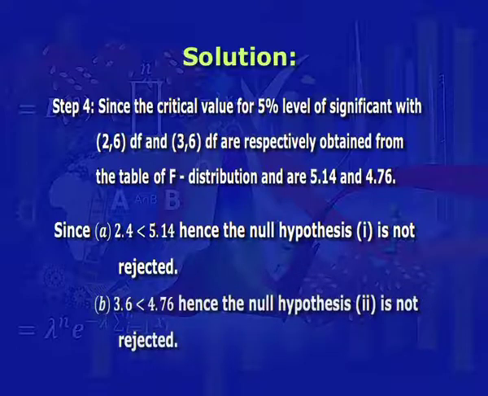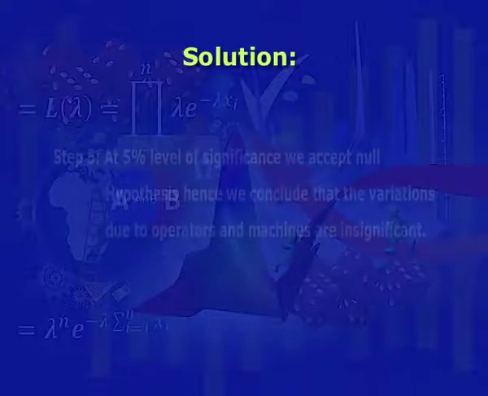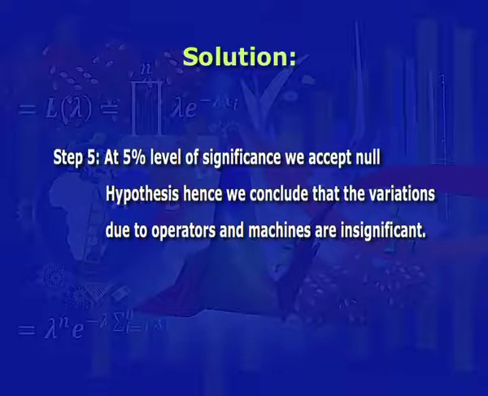Similarly, B. 3.6 is less than 4.76, hence the null hypothesis 2 is also not rejected. Step 5. At 5% level of significance, we accept null hypothesis and hence we conclude that the variations due to operators and machines are insignificant.